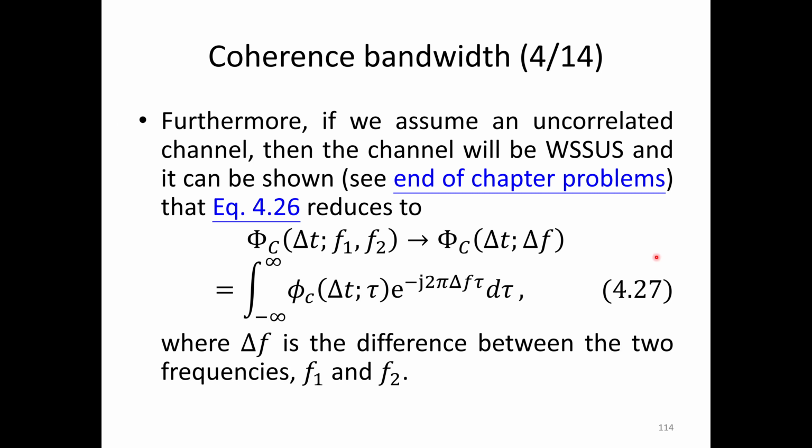In equation 4.27, furthermore, if we assume an uncorrelated channel, then the channel will be WSSUS, that is wide sense stationary uncorrelated scattering, and it can be shown that equation 4.26, capital phi c of delta t, f1, f2, reduces to capital phi c of delta t, delta f.